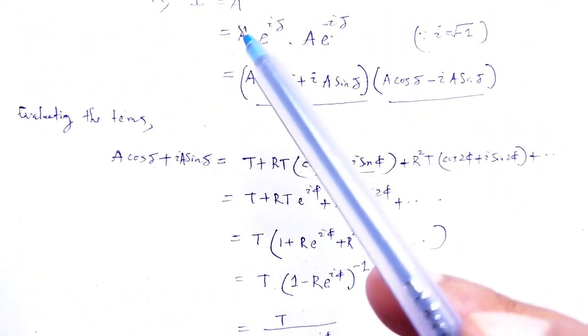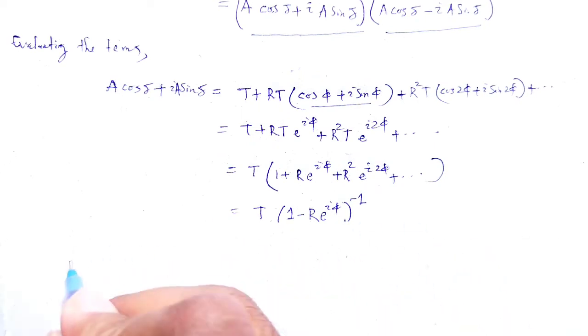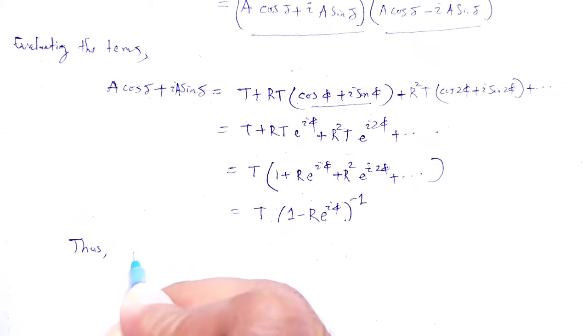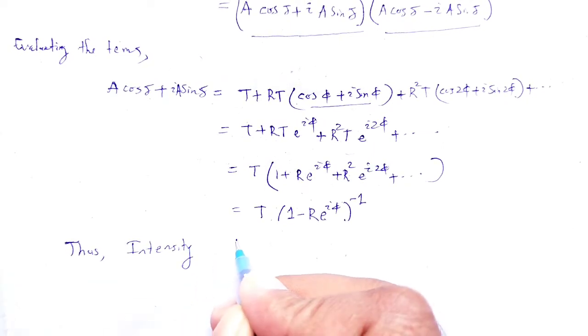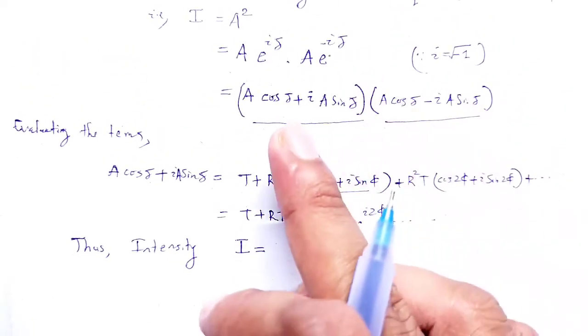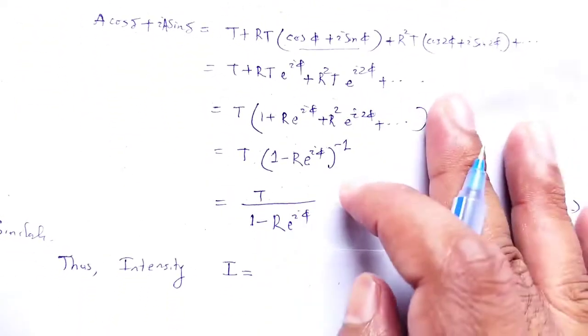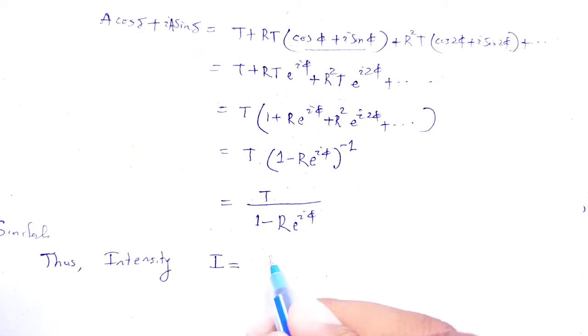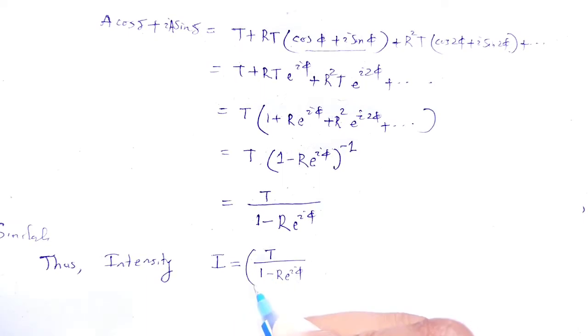Let the intensity be calculated. Putting these evaluated values, the intensity is obtained. Thus, intensity I is equal to (a cos delta plus i a sin delta), whose value is T divided by 1 minus r e to the power i phi, times T divided by 1 minus r e to the power i phi.